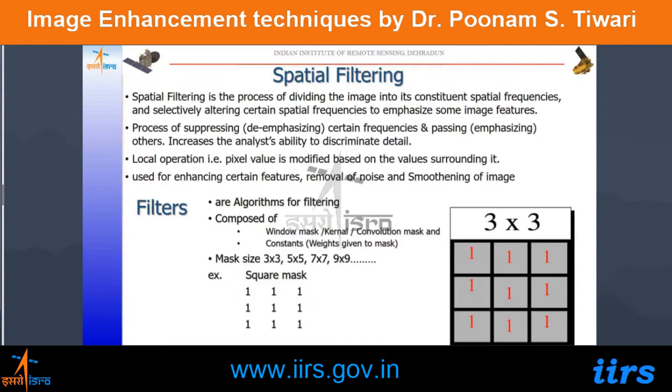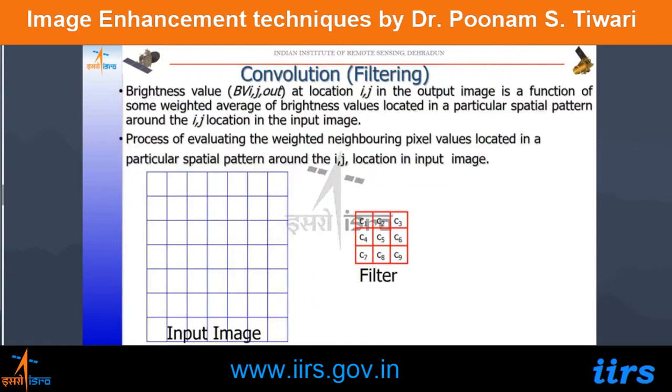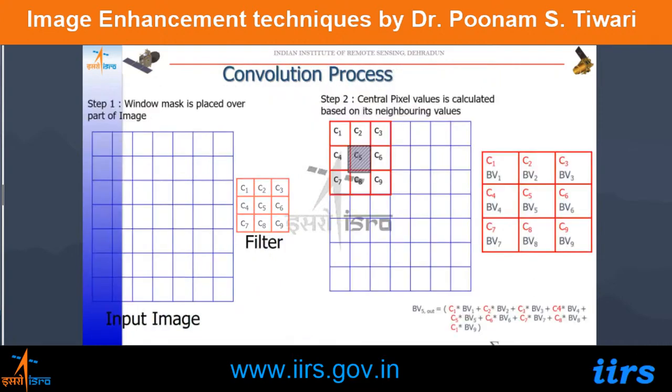So how it is done is, we take the window mask and put it on a certain part of the image. Now, in the second step, the central pixel value is calculated based on the neighboring pixels. And how is it calculated? The weight given to the window mask is multiplied by the brightness value at that location.